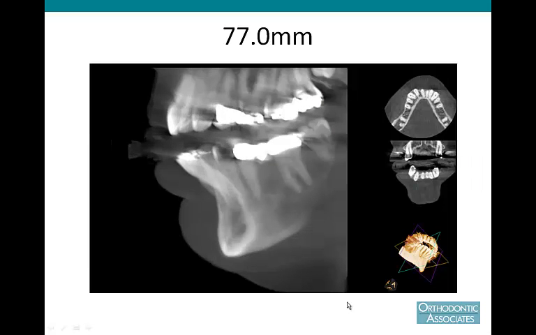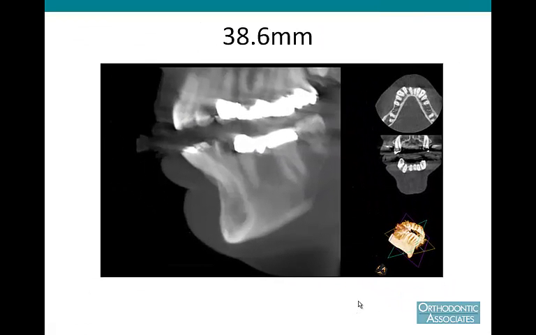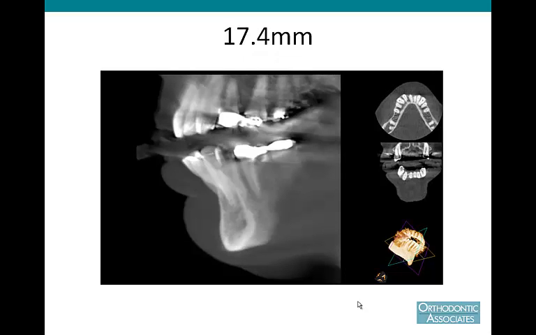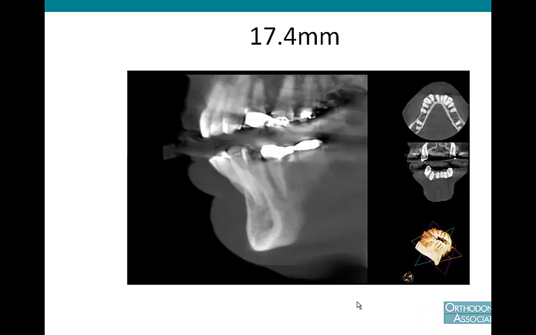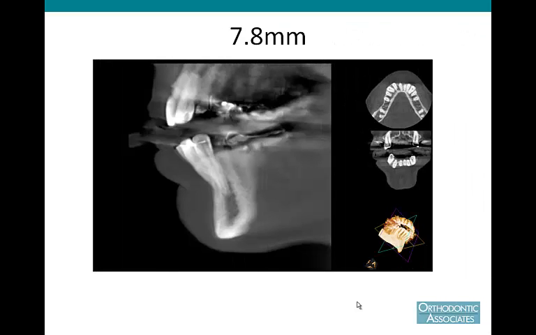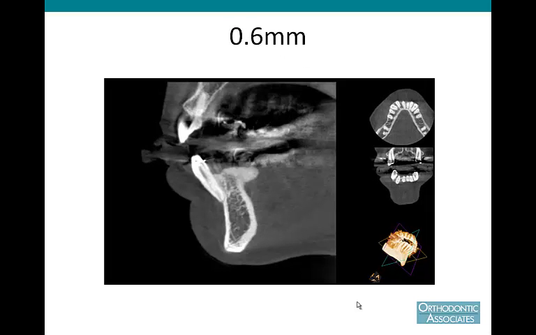But I can reduce the thickness of that 77 millimeter slice. There it is at 38.6 millimeters. There it is at 17.4 millimeters, and you're starting to see a different relationship between the root and the bone. There it is at 7.8 millimeters, and there it is at 0.6 millimeters.